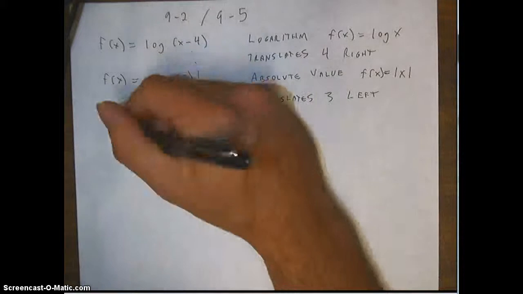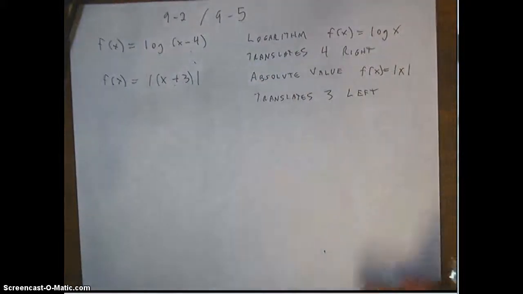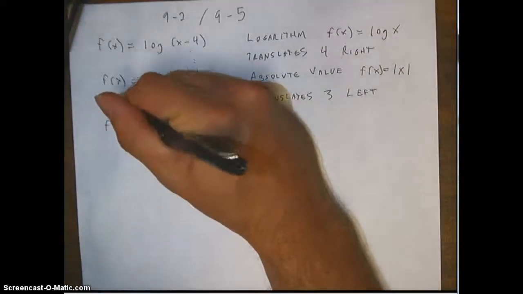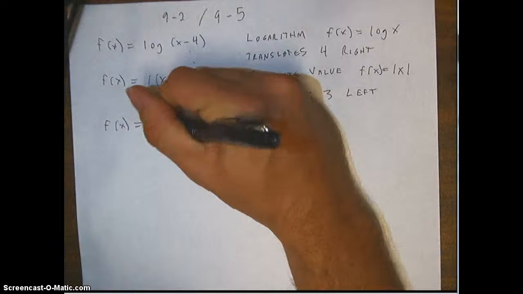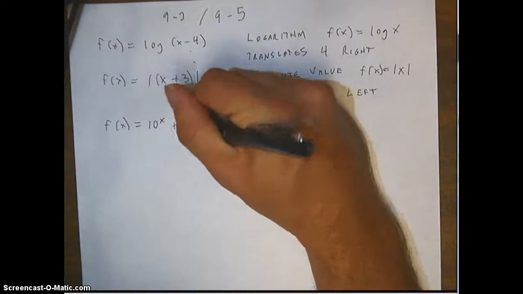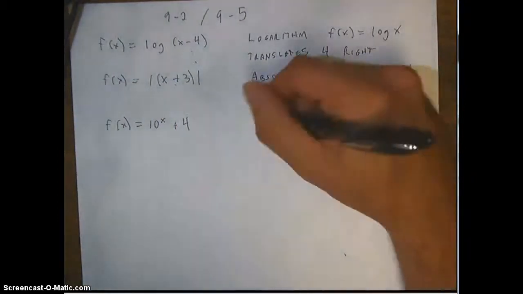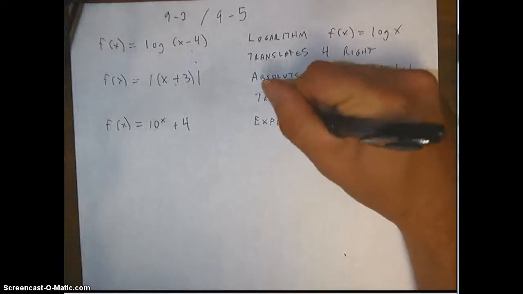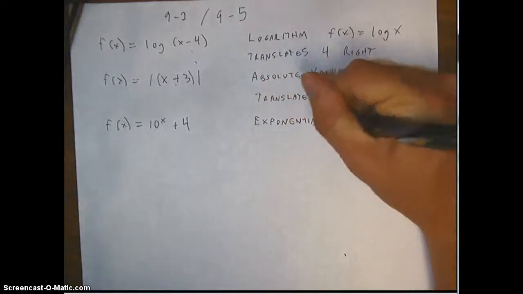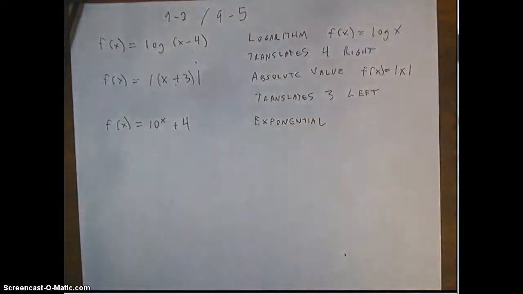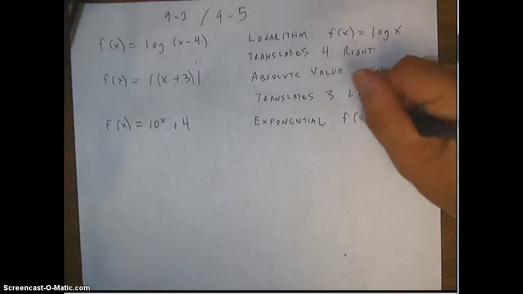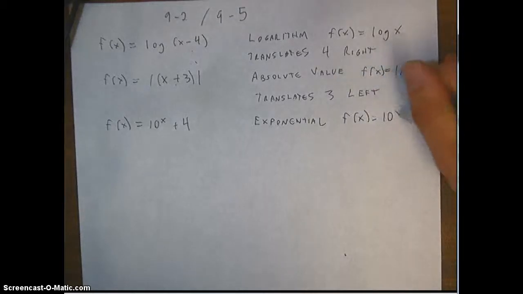All right, let's look at another one. Let's look at f of x equals 10 to the power of x plus 4. The type of function? That's exponential. And that parent function is f of x equals 10 to the x.